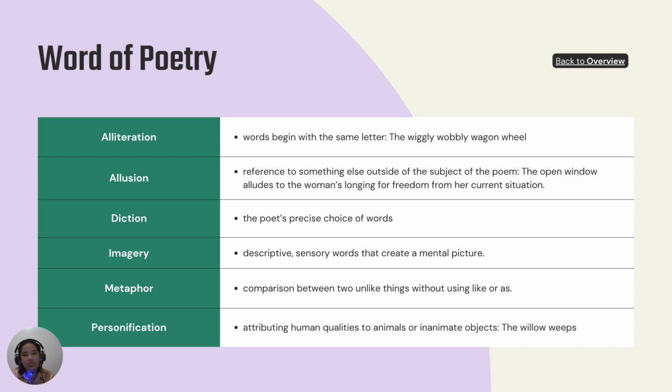So it is alliteration when you see the first word, second word, third word, and fourth word having the same letter. Okay, so the W letter there, so wiggly, wobbly, wagon, and wheel. The next one is the allusion. Allusion is a figurative language wherein they try to reference something else outside the subject of the poem.